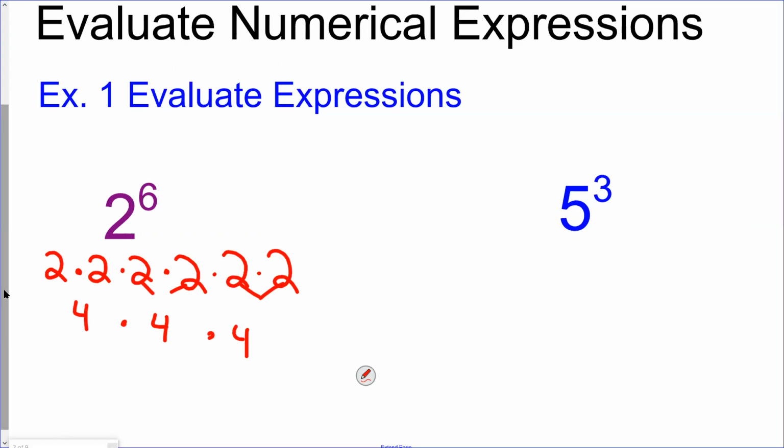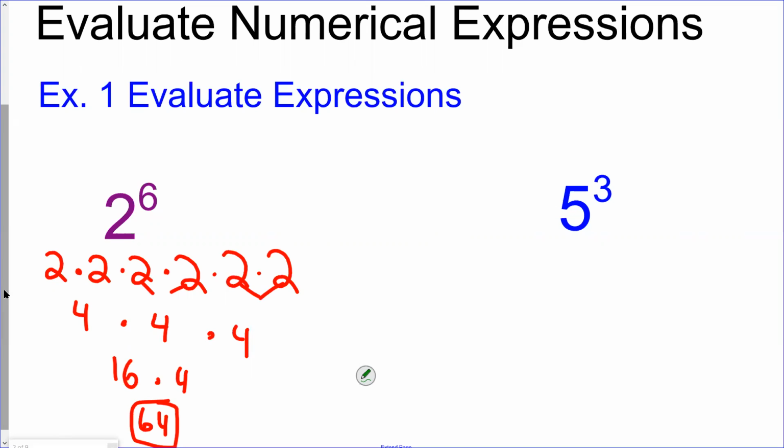Again, our brain does 2 numbers at a time, so we can do 4 times 4. 4 times 4 is 16. Still rewriting what we have not used. Now we got to do 16 times 4, and 16 times 4 is going to give us 64. So that's how we evaluate this expression here.